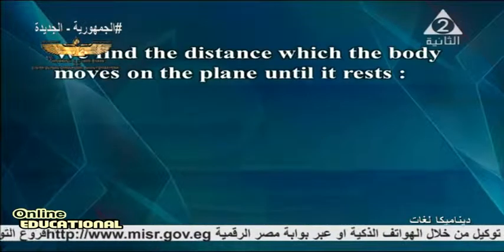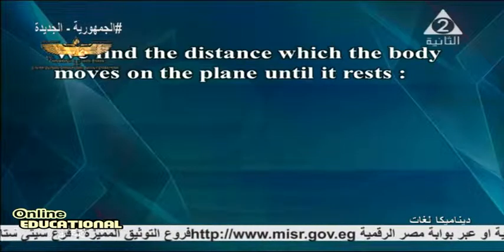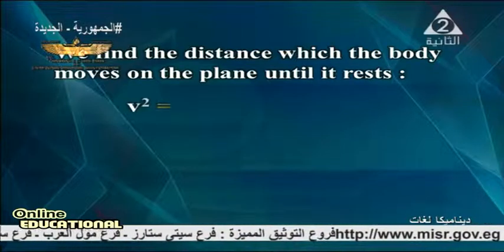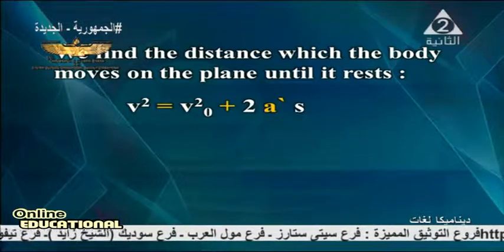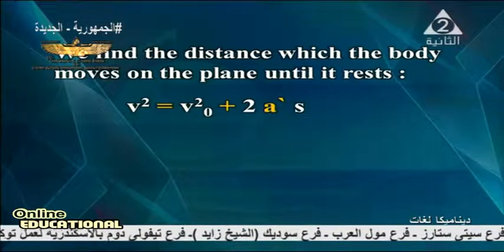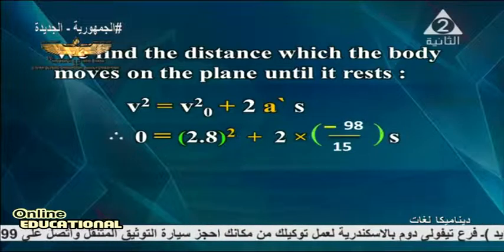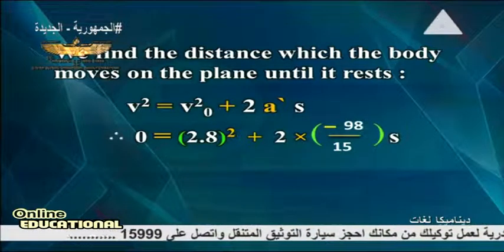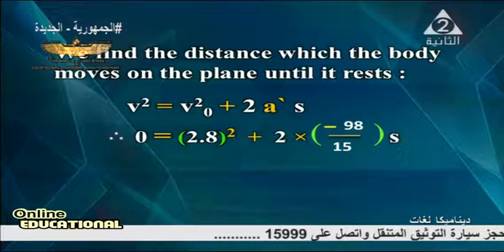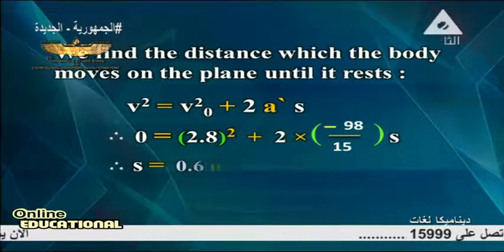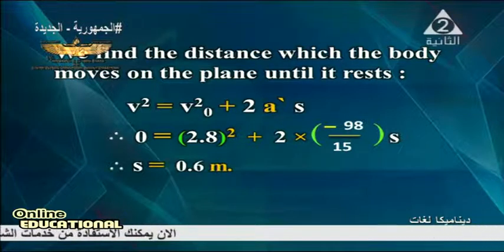And we can find the distance which the body moves on the plane until it rests from the relation v squared equals v naught squared plus 2a dash s. 0 equals 2.8 squared plus 2 times negative 98 over 15 times s, and s equals 0.6 meter.